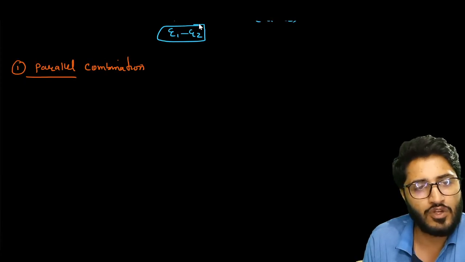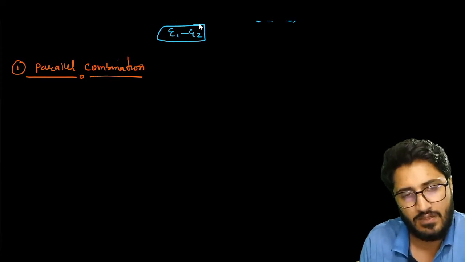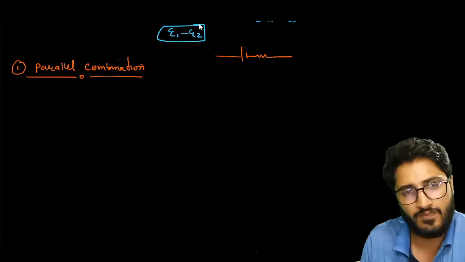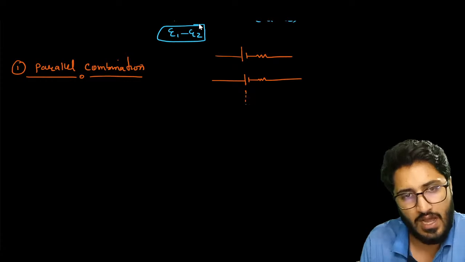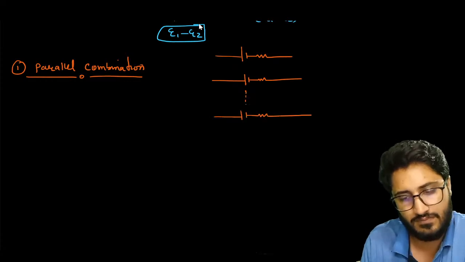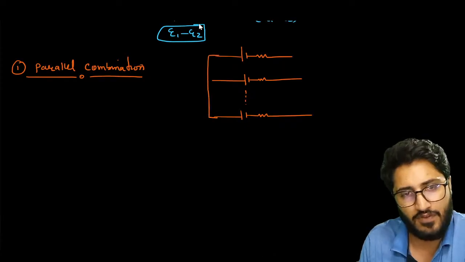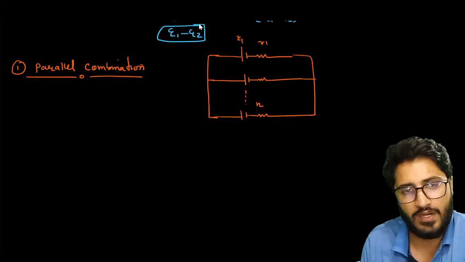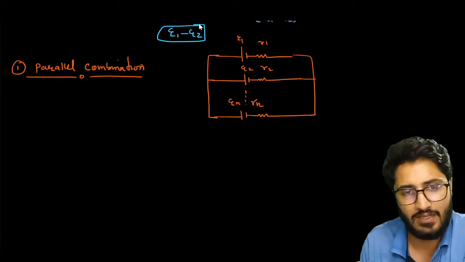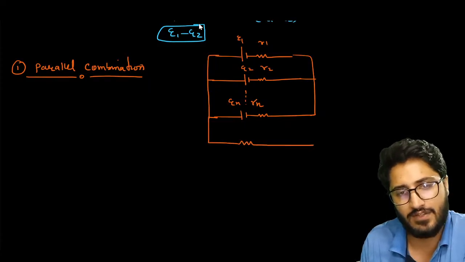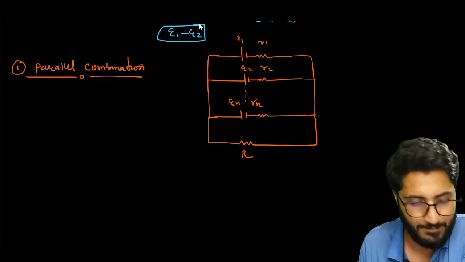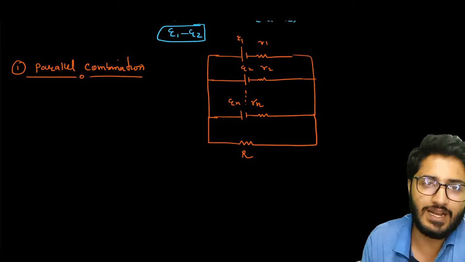Parallel combination. Okay. One cell, second cell, and so on up to n number of cells. These are n number of cells. So it is E1, R1, E2, R2, En, Rn with an external resistance R. Now, how will you write the answer?